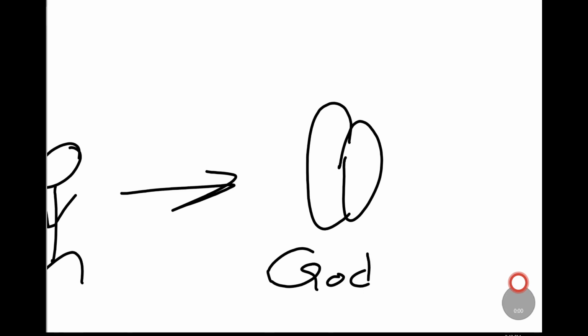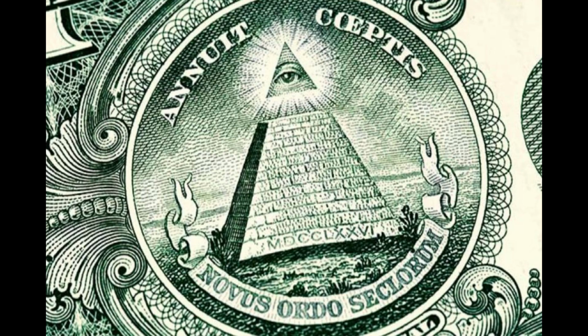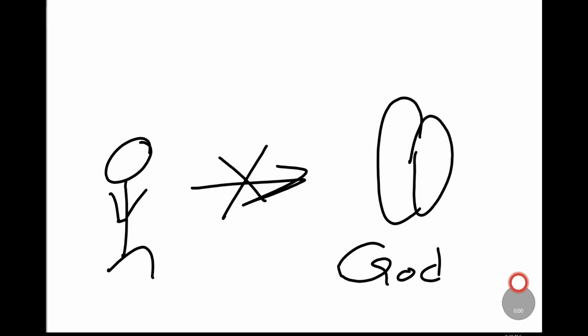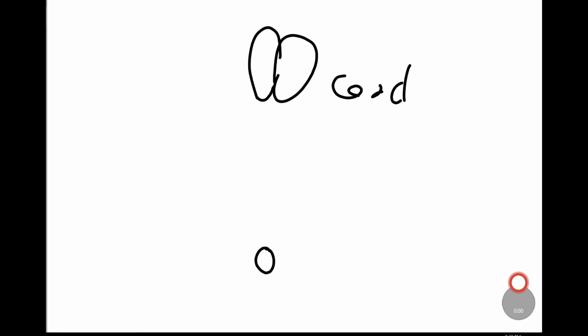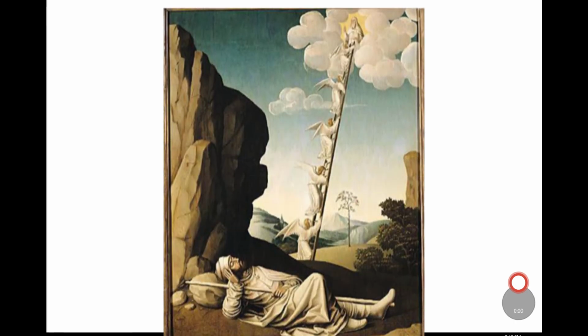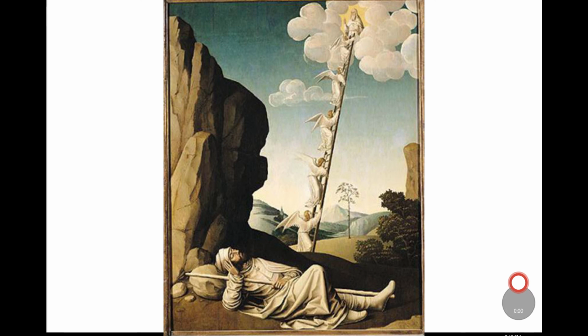Either someone is trying to sever this connection, or someone is trying to build this connection. And actually, I have done this wrong. I should actually say the mind of God is up here. You are down here. And you're trying to climb this ladder to get here.